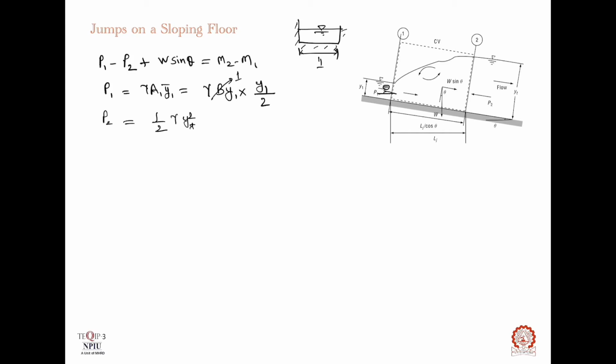That's why the cos theta term will come here, because this P1 is acting in the horizontal direction. Okay, but we have to take its component in the direction of flow.